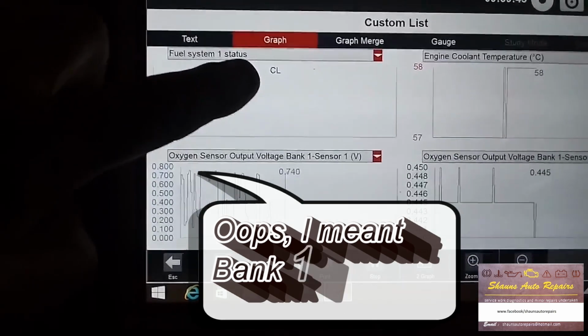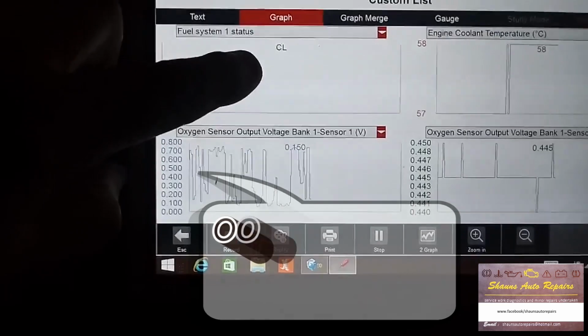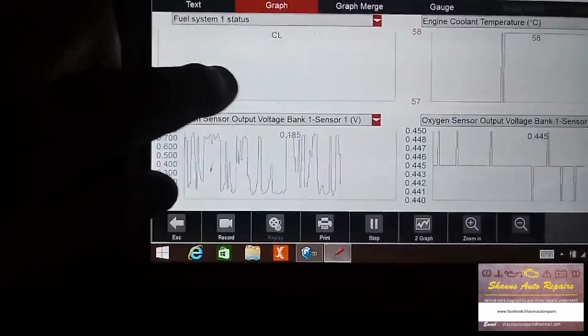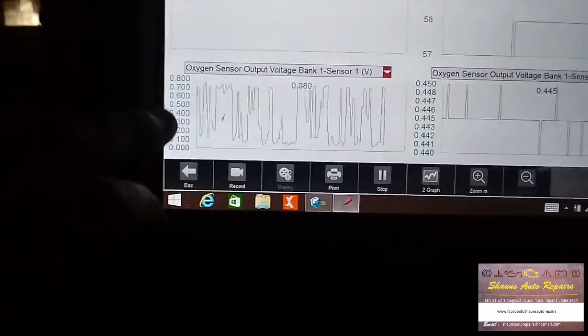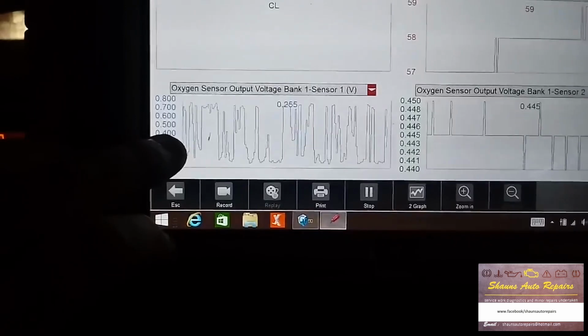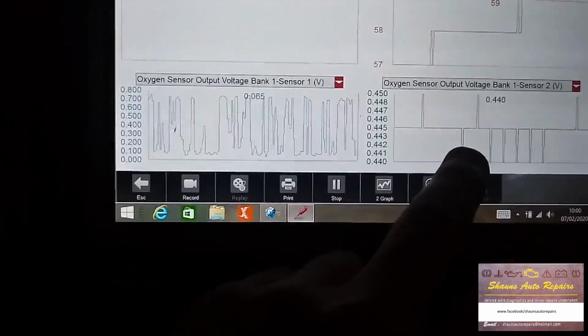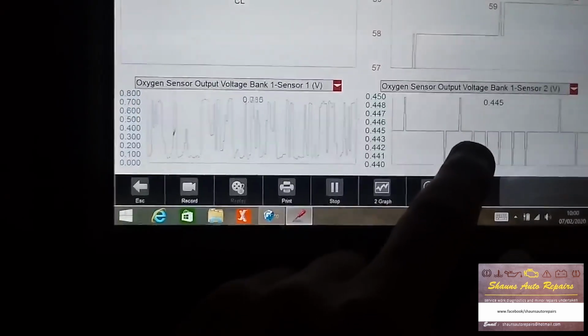So we're in closed loop, so the O2 sensor has control. Engine coolant temperature is 59 degrees. O2 sensor bank 1, sensor 1, and O2 sensor bank 2, sensor 1.